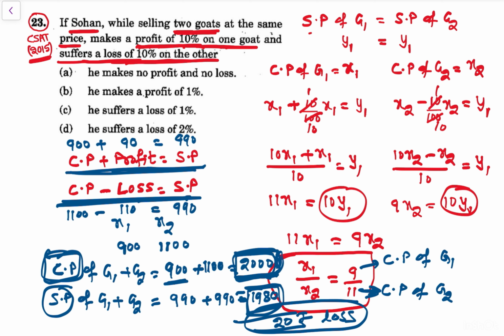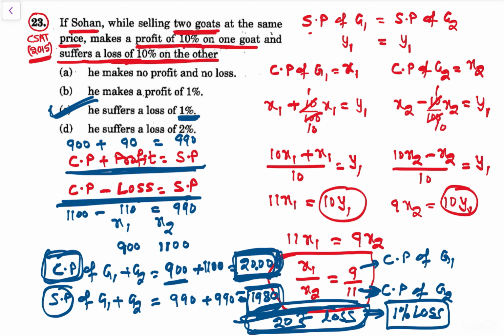We know the formula: 20 rupees is 1% of 2000. So 1% loss happened overall, 20 rupees loss with respect to 2000. So he suffers a loss of 1%.